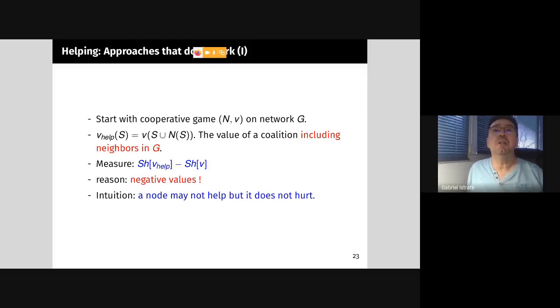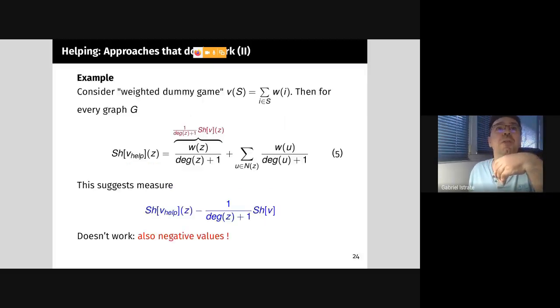I want to measure not how much I am contributing to solving tasks, but how much my friends are contributing. So you should remove my own skills from that. This was a very natural idea, but it doesn't work because sometimes this has negative values, and intuitively that shouldn't happen, because a node may not help, but it shouldn't hurt. So this is not a good solution.